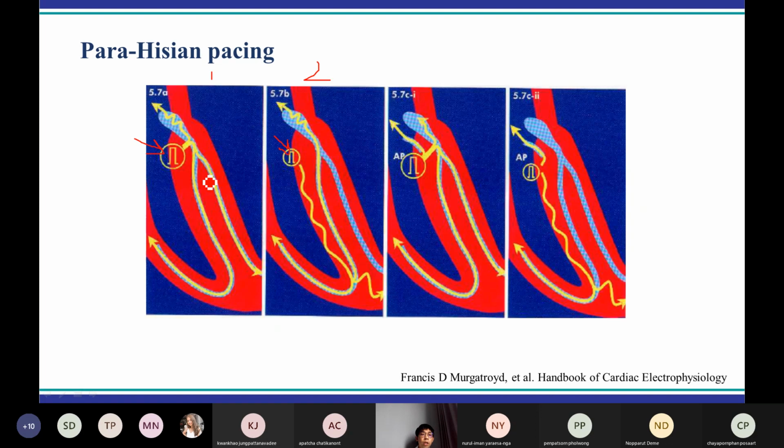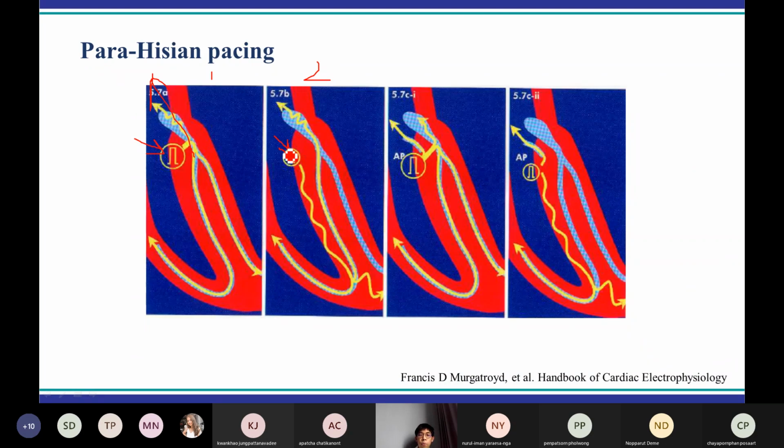electrical signal would penetrate into the His, and it would go back up to the atrium and go down along the conduction system pathway.